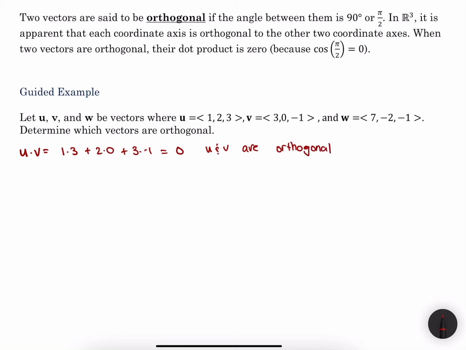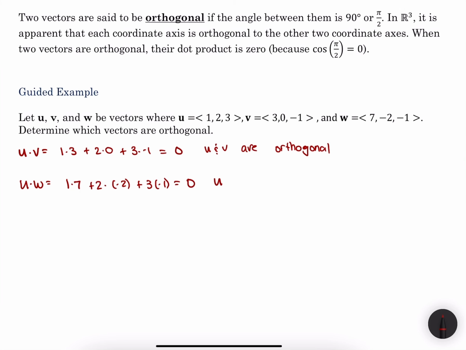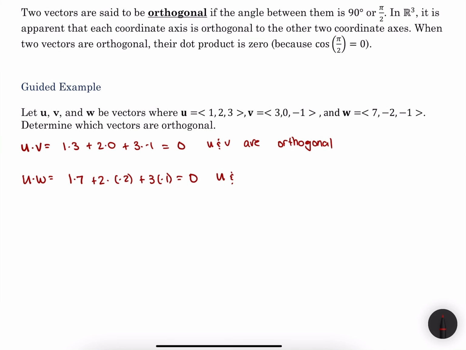If we check u times w, that's going to give us 1 times 7 plus 2 times negative 2 plus 3 times negative 1. That's going to equal 7 minus 4 minus 3, which is also 0. So u and w are also orthogonal.